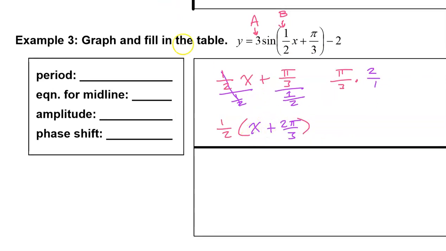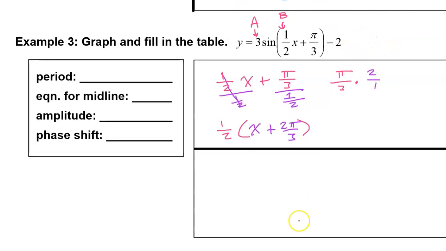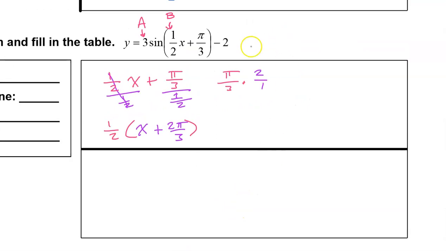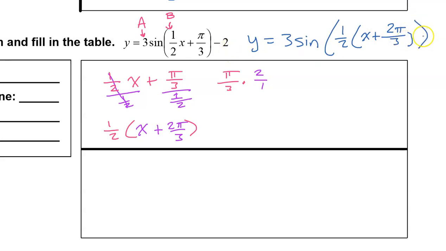So in other words, the function that we're given is the same thing as y equals 3 sine 1/2. And now here comes my x plus 2 pi over 3. And then we still have this minus 2 on the end.